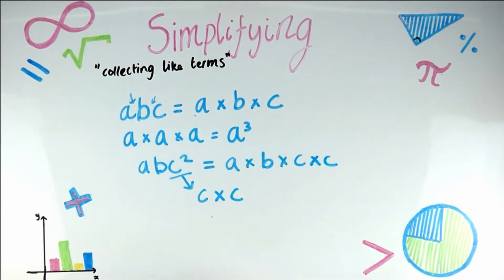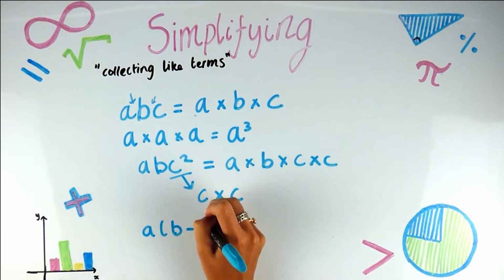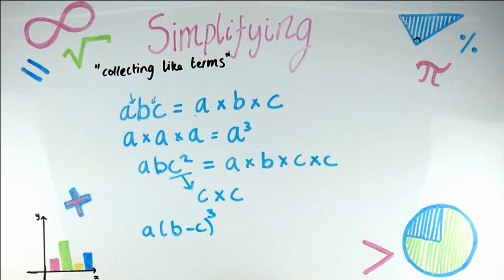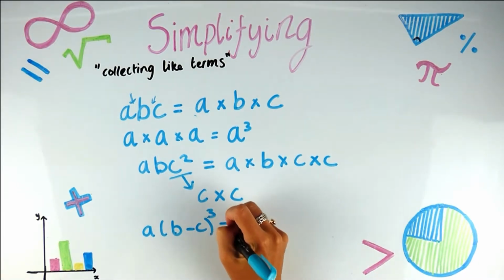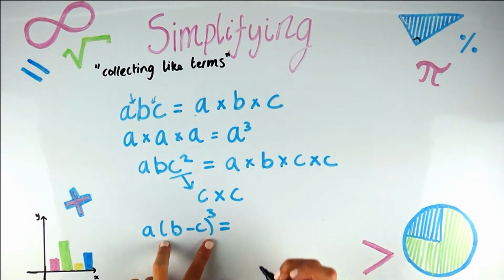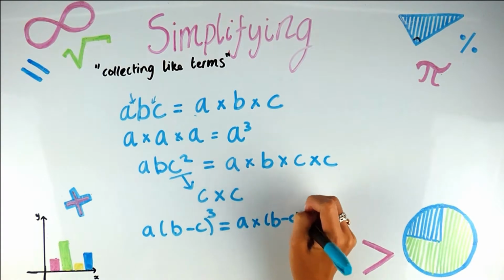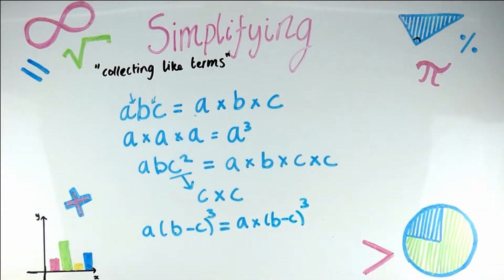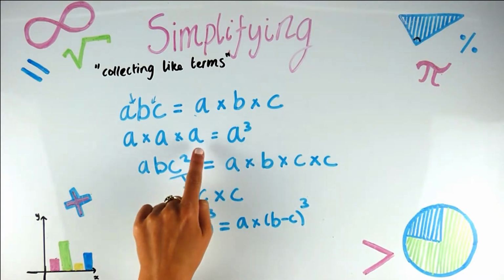Okay, what if we have A, B minus C cubed? So again, we've got this term in brackets, which also means multiply by this term. So we're going to have A multiplied by that. But as we know from this rule, cubed means multiplied by itself three times.